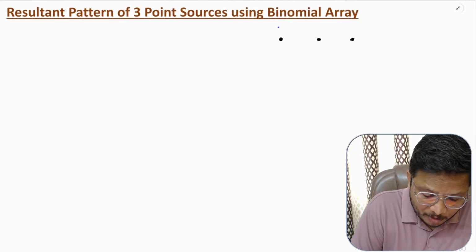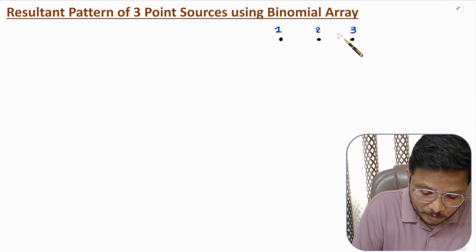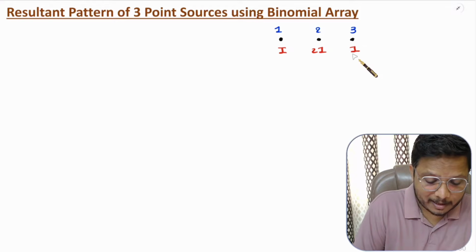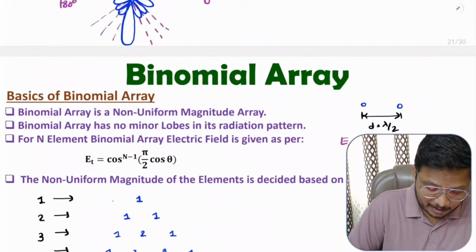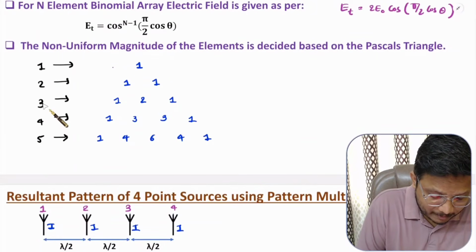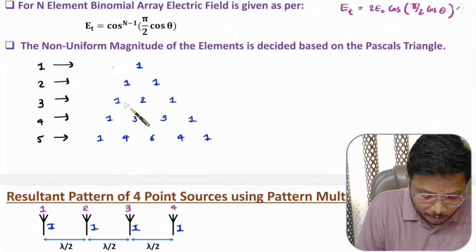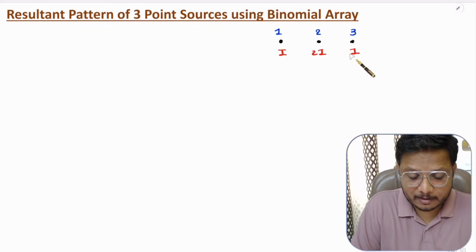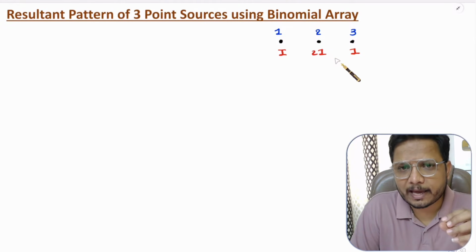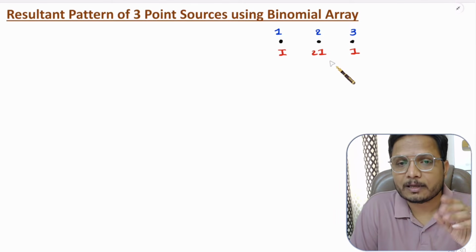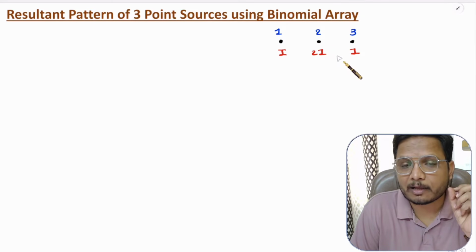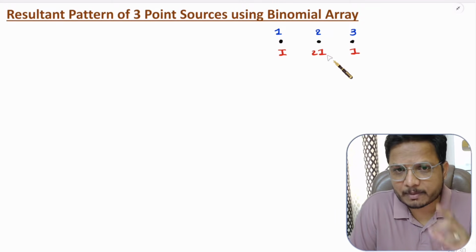Then with these 3 point sources, the current distribution is I, 2I, and I, which I have already explained in my earlier section. For 3 elements, the current distribution is as per 1, 2, 1. In a binomial array, we have no minor lobes, and one can have that with this current distribution. Now, the question is how it is happening. Let me explain how.